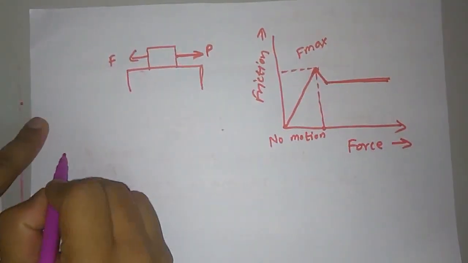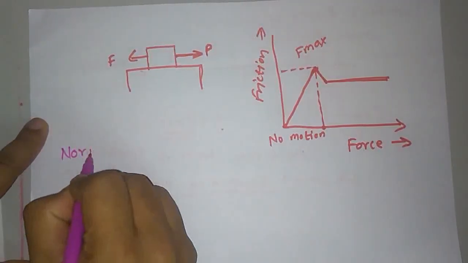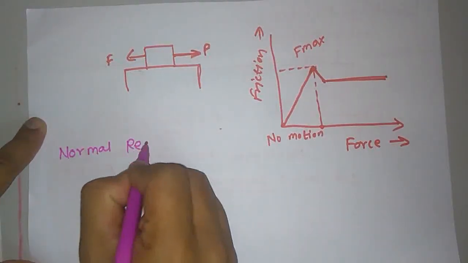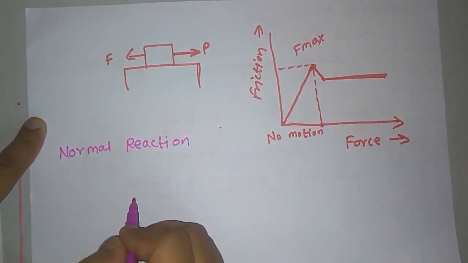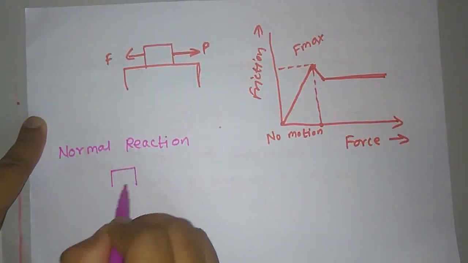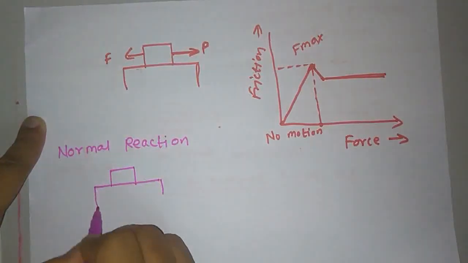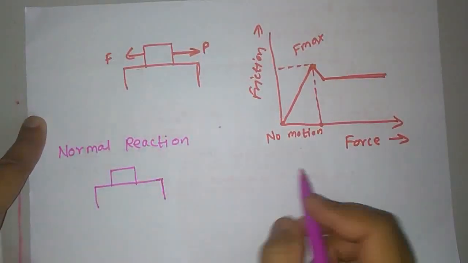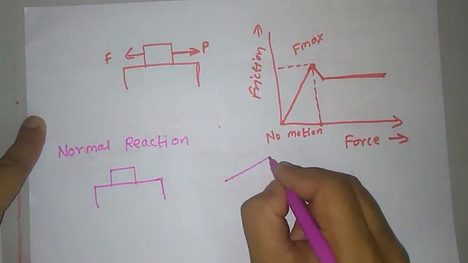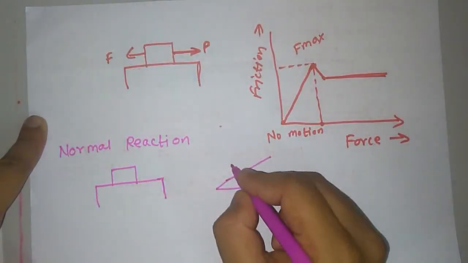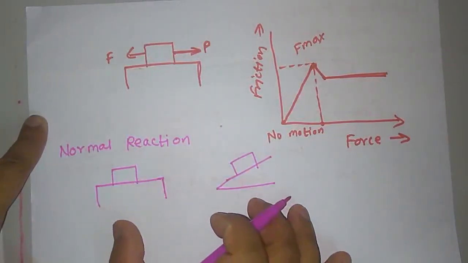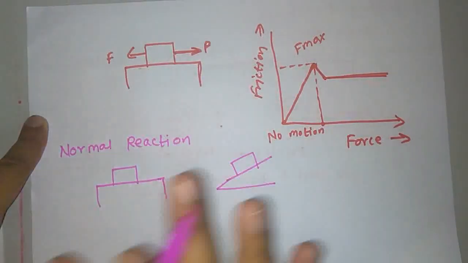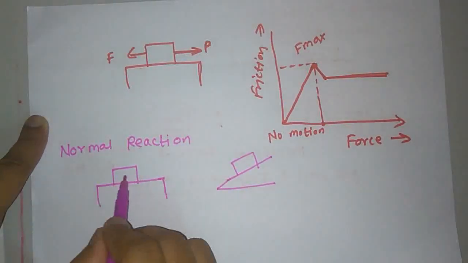Now the next concept is normal reaction. For this concept, we will take two examples: a block resting on a table, and a block resting on an inclined plane. Consider both to be in equilibrium, meaning the block is not moving.